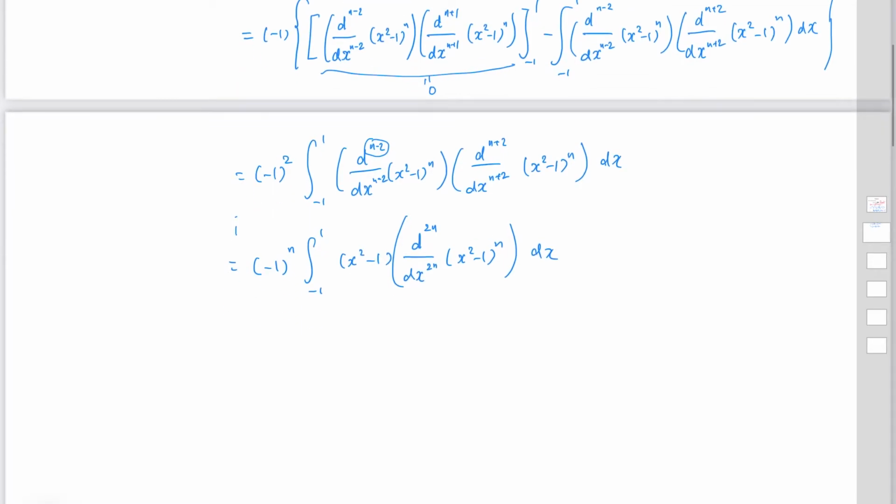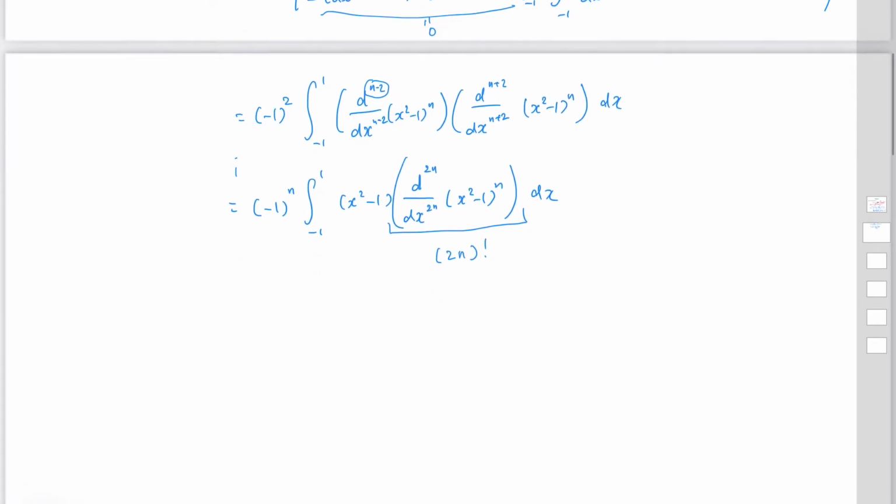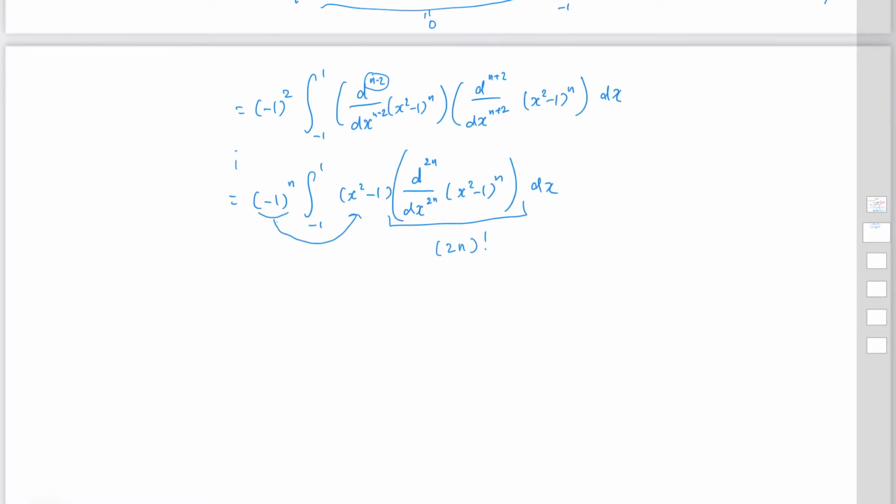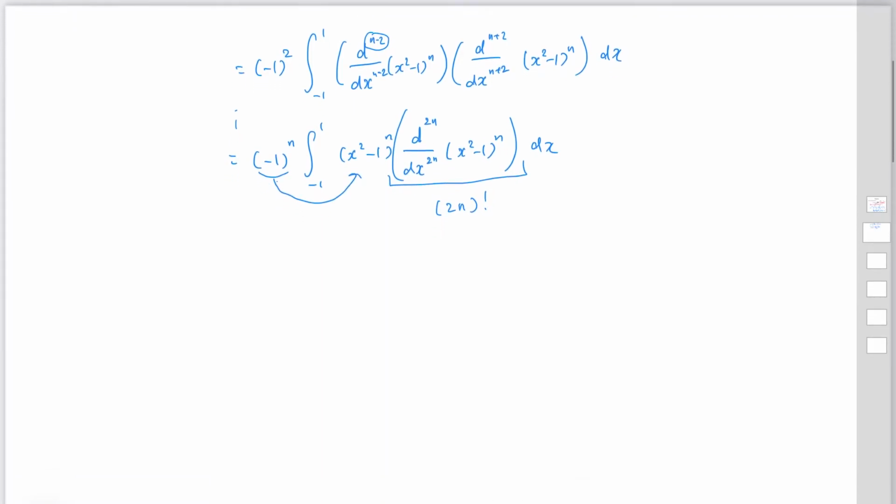You keep applying, and this term is exactly equal to factorial of 2n. Then if you put it inside, it becomes factorial of 2n times the integral from minus 1 to 1 of (1 minus x squared) to the n dx.